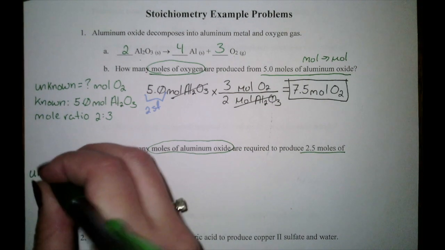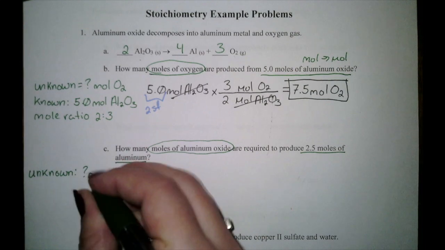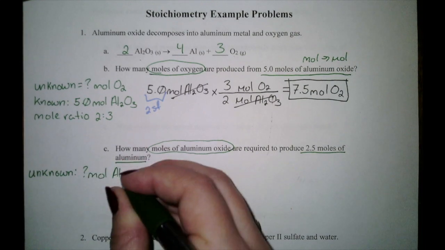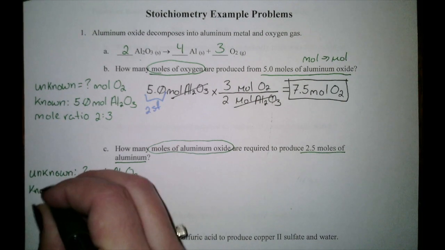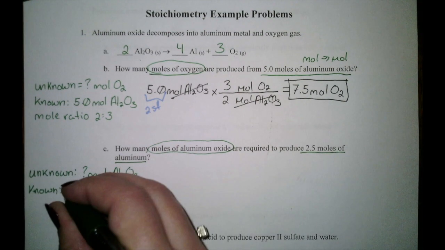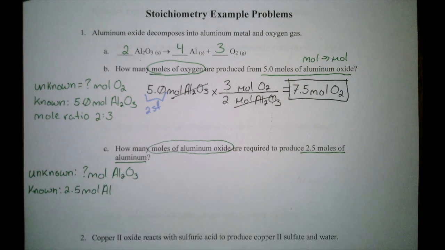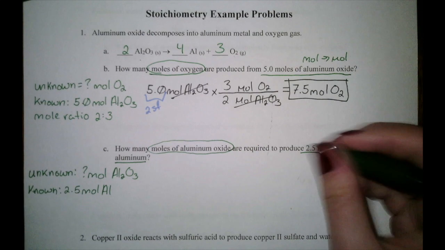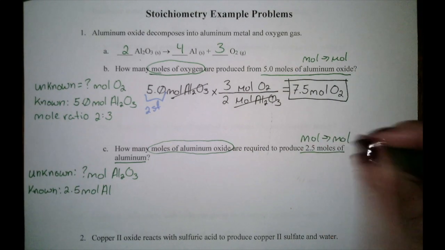So my unknown, what I need to find, is moles of aluminum oxide. One of my knowns is that 2.5 moles of aluminum are being produced. Again, this is a problem where we're going from moles of one substance to moles of another.